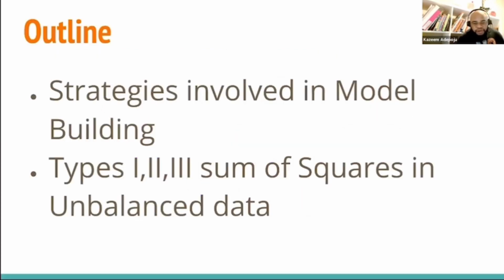So in the outline today, like I said, I'm going to walk you through strategies involved in model building. And not only that, I'm actually going to let you know today that we have different types of sum of squares when it comes to unbalanced design.